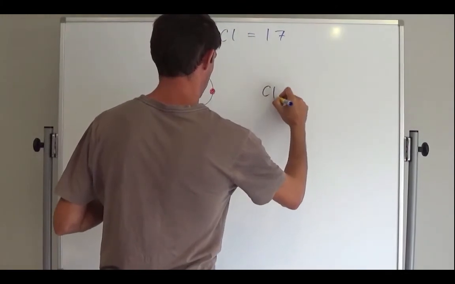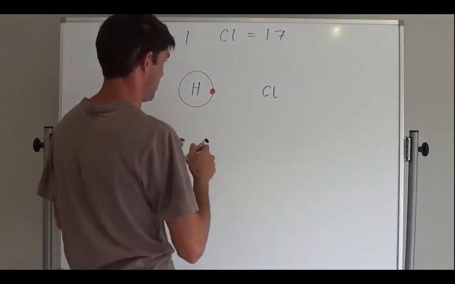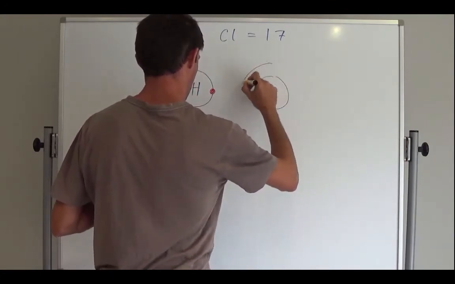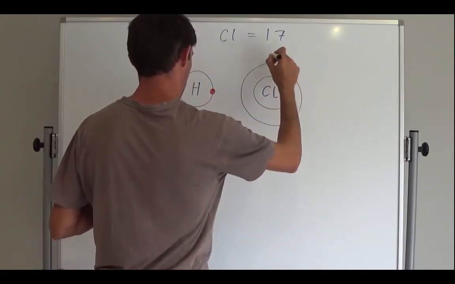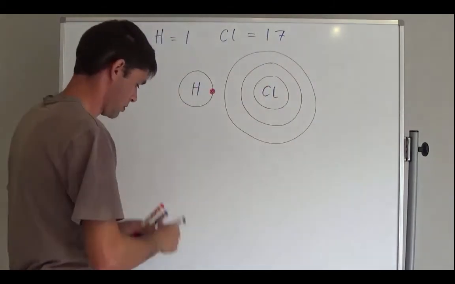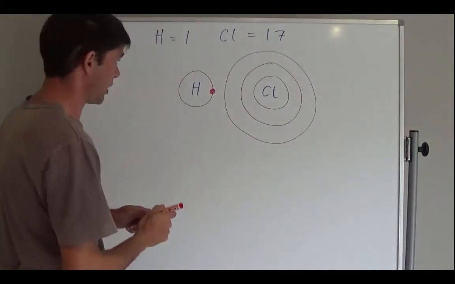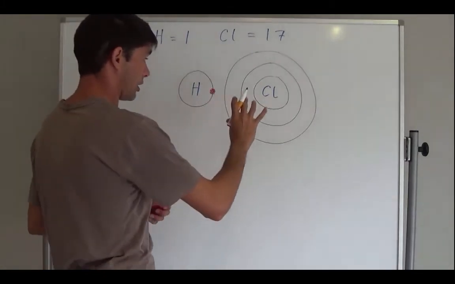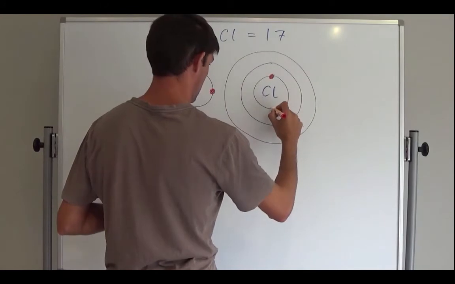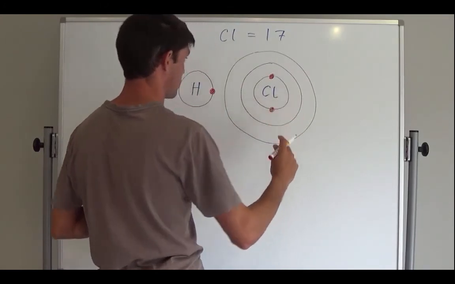And chloride will have 3 shells. Again, looking at that first shell, 2 electrons.